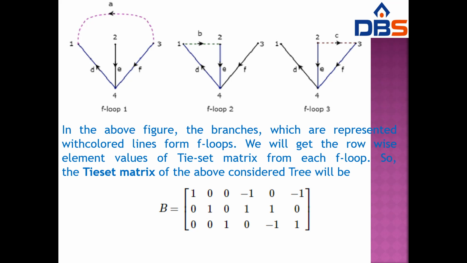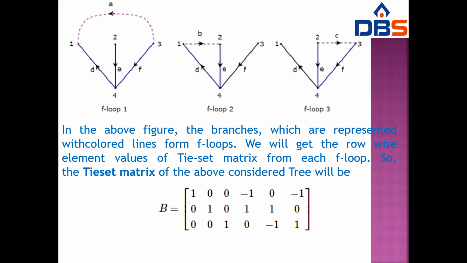We have to assume the direction. For the first loop A, the link 1 is in the same direction, and then it goes to D. At D, when the direction is downwards, it will be opposite, so minus 1.